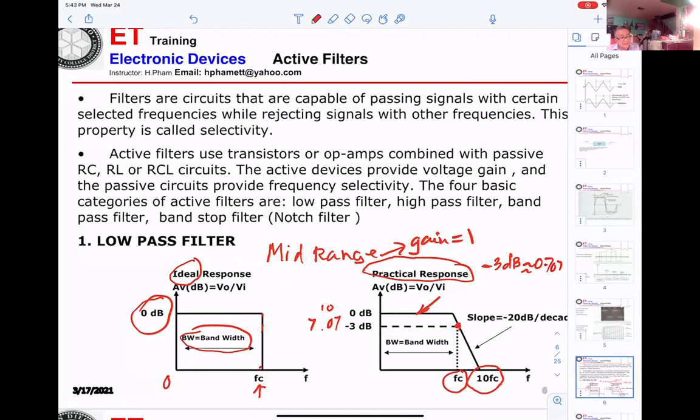For an input of 10 volts, what is the output at minus 20 dB?